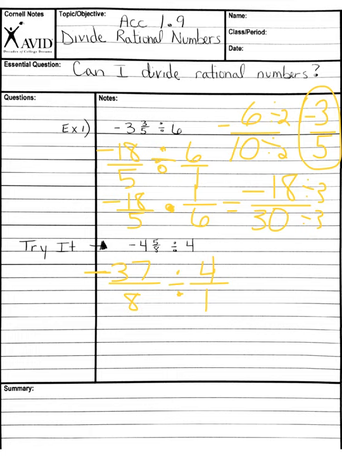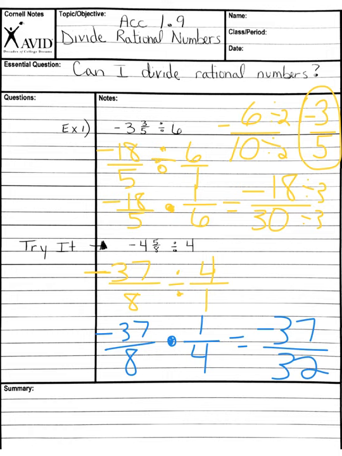But remember, when we're dividing fractions, we can change it to multiplication by keeping the first number, changing division to multiplication, and the reciprocal of 4 over 1 is 1 over 4. And so we would have a negative 37 over a positive 32.